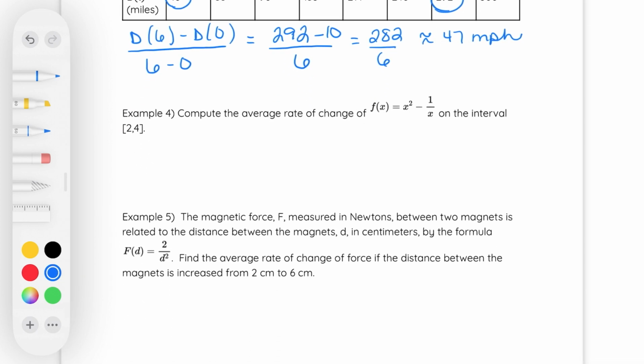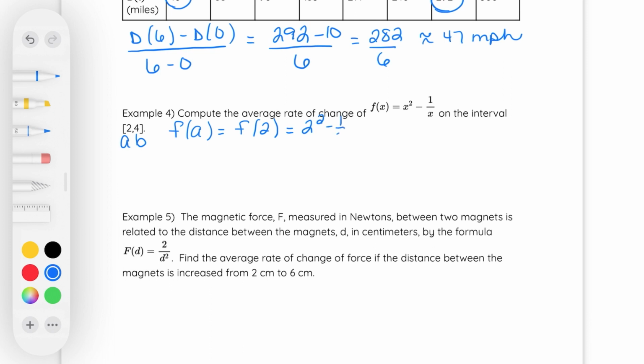Compute the average rate of change of the function x squared minus 1 over x on the interval of 2 to 4. So this is my a value and my b value. I first need to identify what is f of a, and in this case, f of 2.